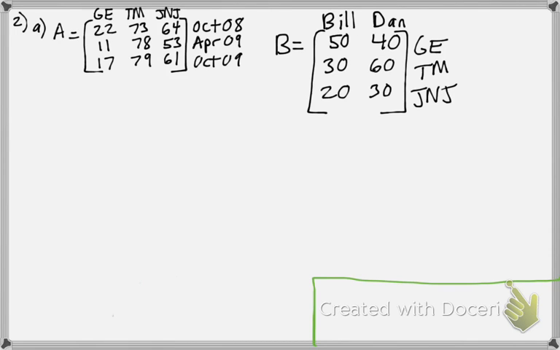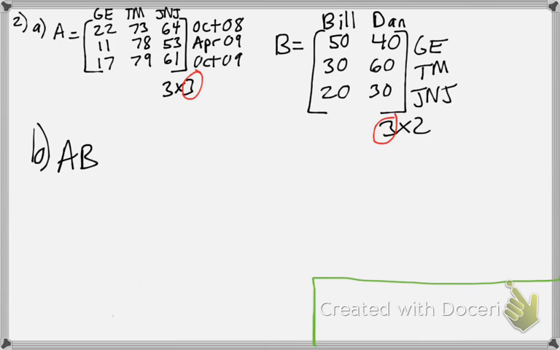So now if we find A times B, again this is a 3 by 3, this is a 3 by 2, so my inner dimensions match, as well as I need the column labels of the first matrix to match my row labels of my second matrix.